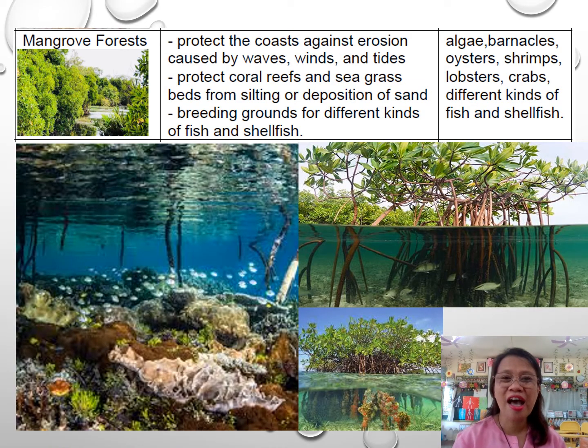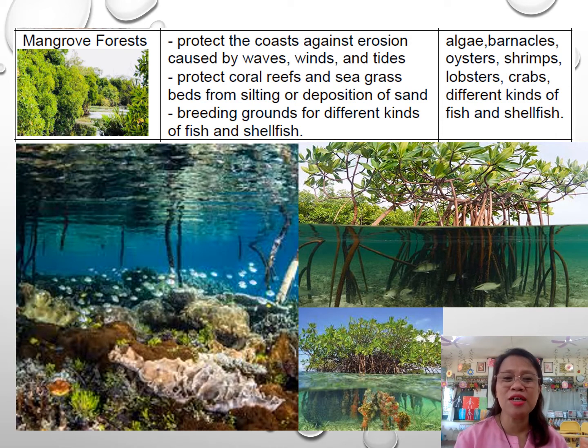Next, we have mangrove forest. Protect the coast against erosion caused by waves, winds, and tides. So if a certain community is covered with mangroves, less ang ilang chance nga magka-soil erosion. Kaya naay mo protect nila against the big waves, the winds, and the tides.